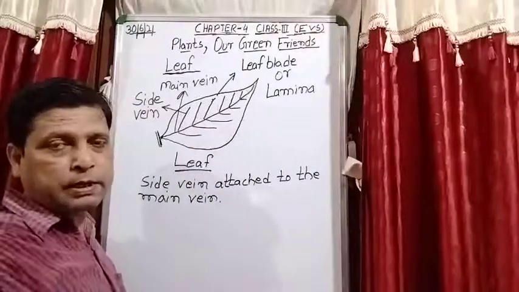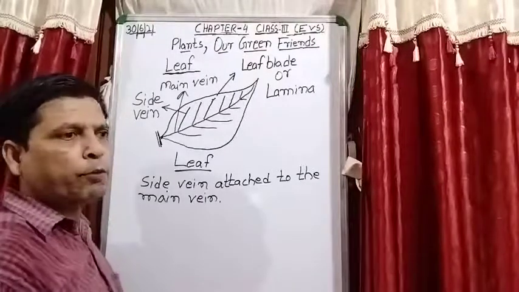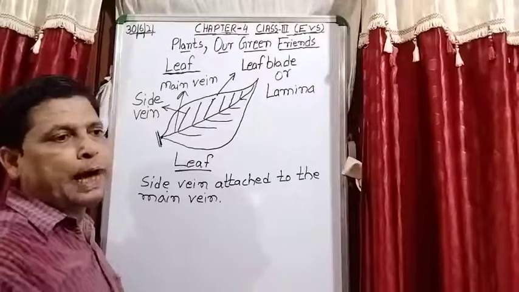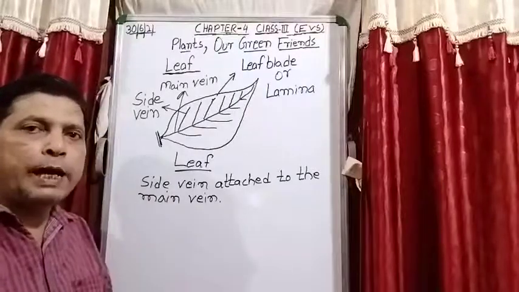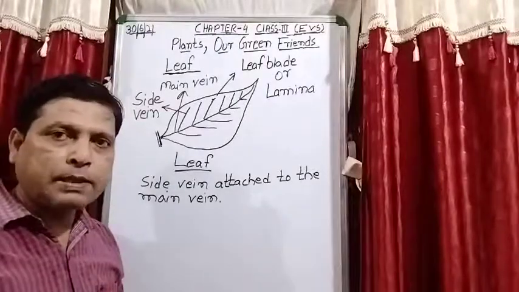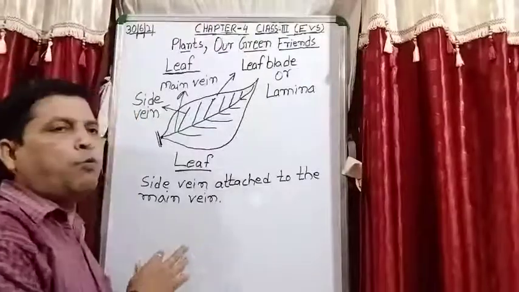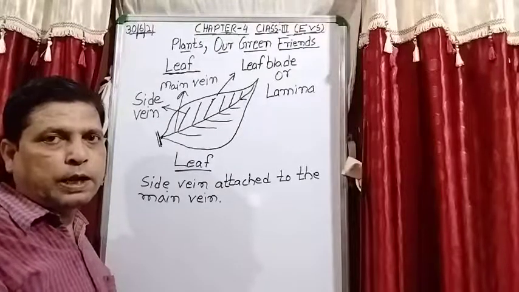These side veins act like tubes. जैसे आप गार्डन में वाटरिंग करते हो तो आप पाइप यूज करते हो ना. You open the tap and the water starts coming in the pipe, and with the help of that you water your plants which are in the garden. So जो लीव्स में वाटर को डिस्ट्रीब्यूट करने का काम करते हैं, ठीक है.